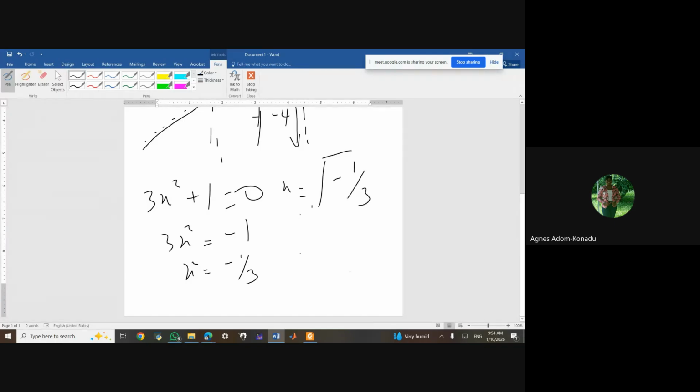And when you punch your calculator, it will tell you that it is a math error, or undefined. Since we are in the real plane, this will not exist unless we go to the complex plane. But here we are solving in the real plane, so there are no vertical asymptotes. If you go to the complex plane, it's possible, but here no vertical asymptotes.